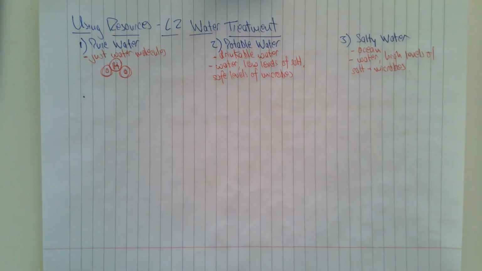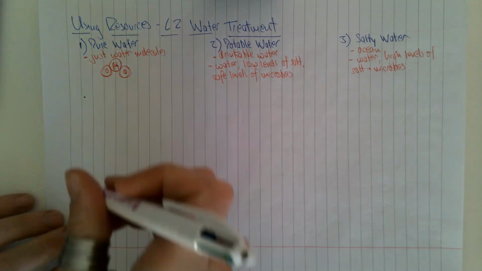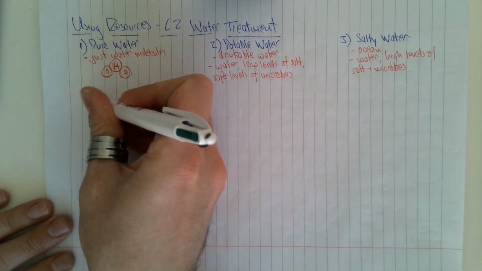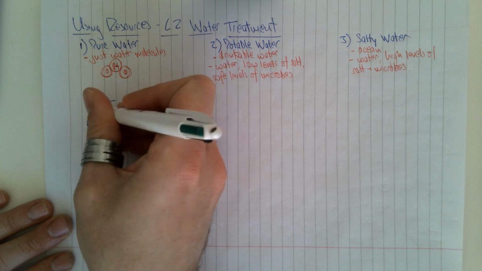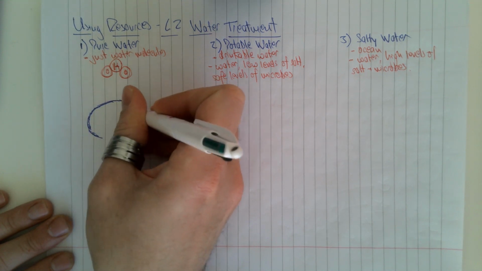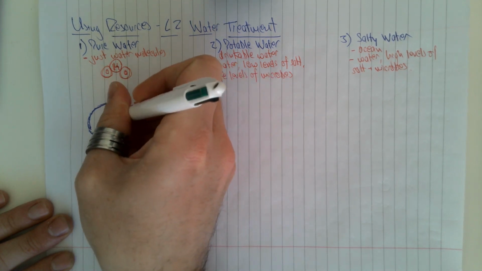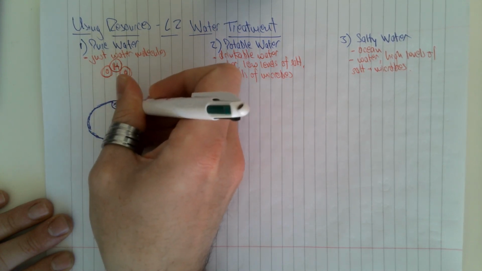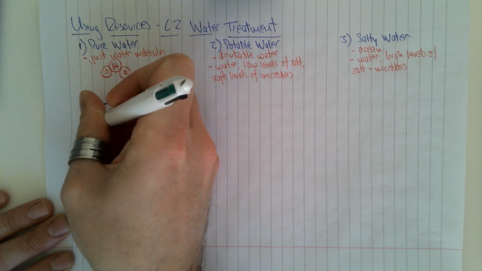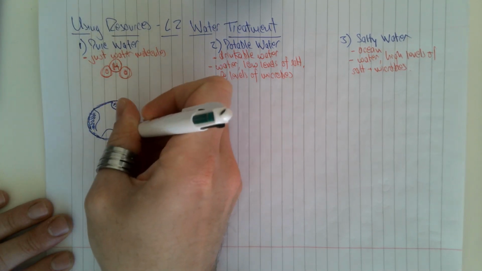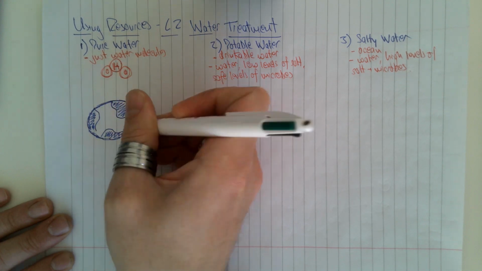So, with that in mind, let's think about water as a base resource. And we know that our largest body of water on the planet is the ocean. So if we just draw ourselves a little Earth here, with countries.